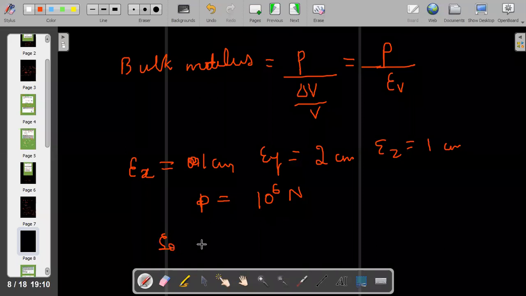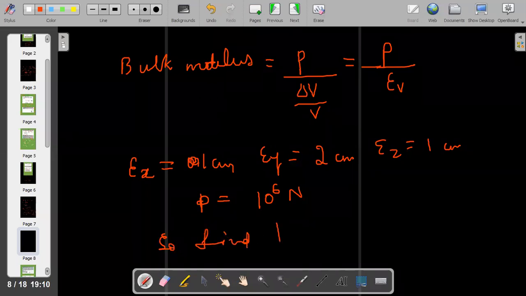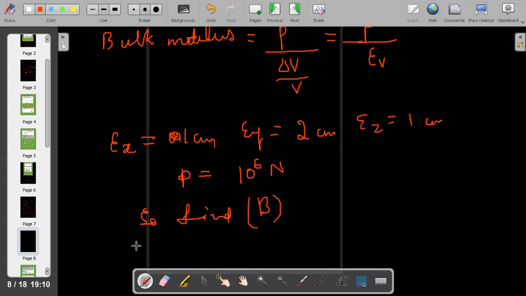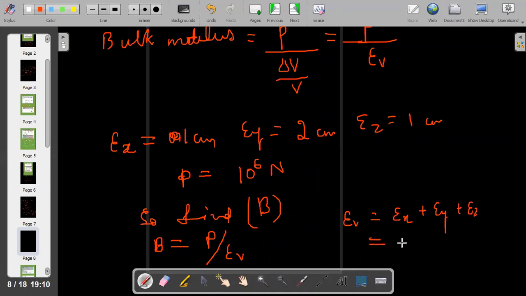Find B, the bulk modulus. How will you find it? Bulk modulus is P by volumetric strain. Volumetric strain is given by sigma x plus sigma y plus sigma z, which is 1 plus 2 plus 1, meaning 4 centimeter.